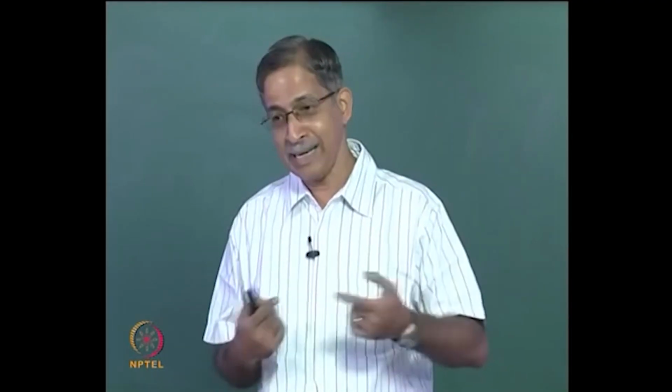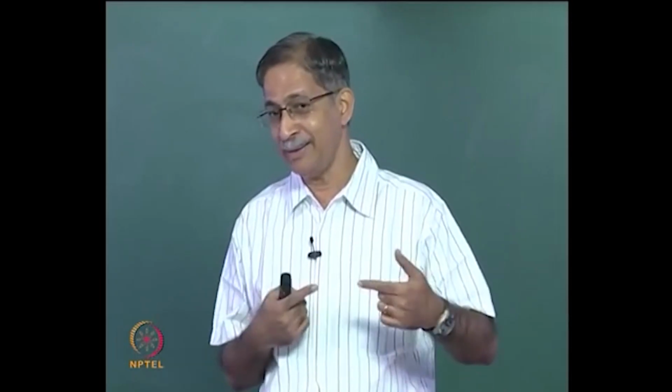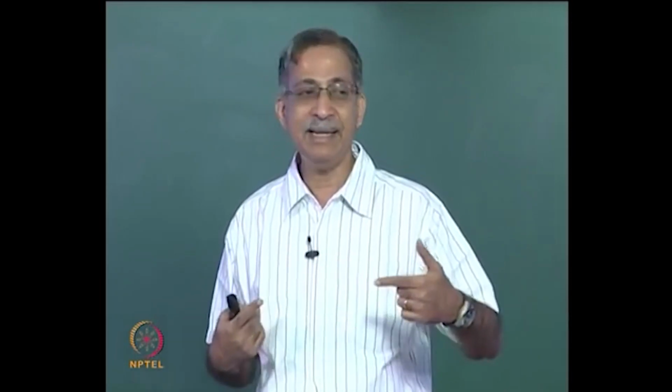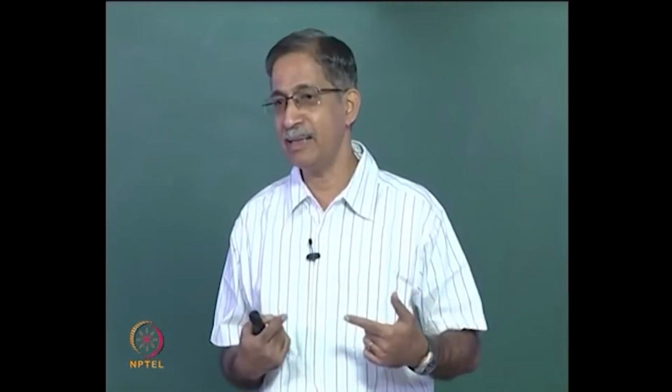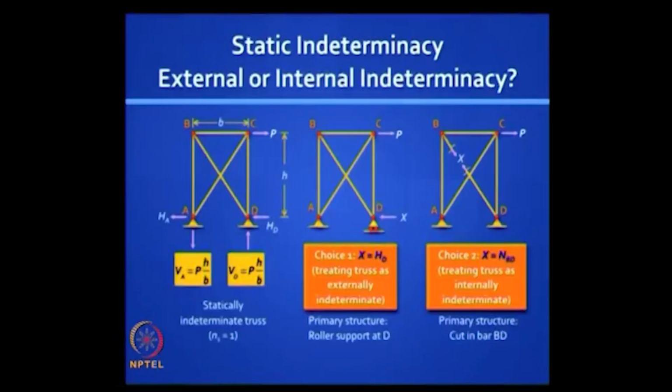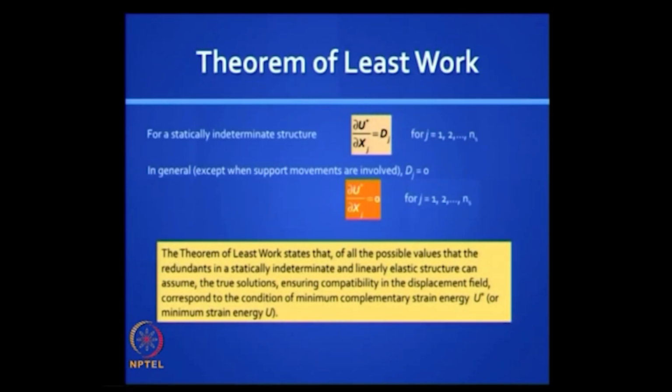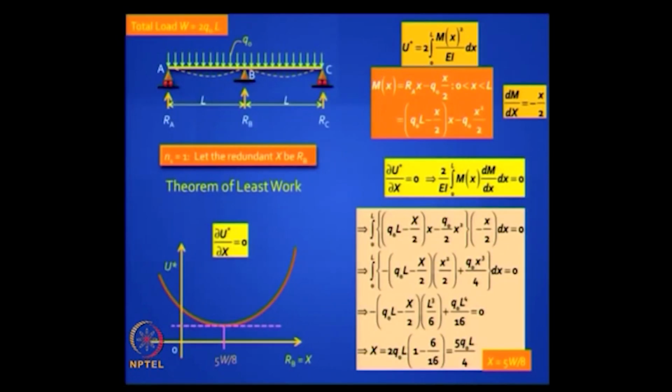Actually the bar can elongate, D is not the elongation in the bar, it is the relative displacement between the cut ends, and that is how it is reflected in Castigliano's theorem, and the interpretation of it is that you are actually minimizing the strain energy. We demonstrated this with a simple problem of a 2-span continuous beam, if you recall, and you need to carry out this integration, and you will get X equal to 5wL/8.